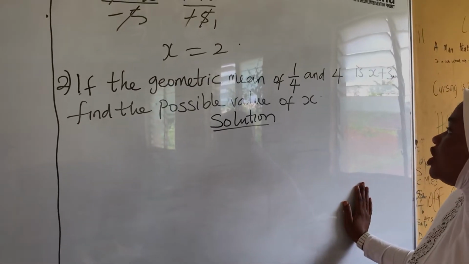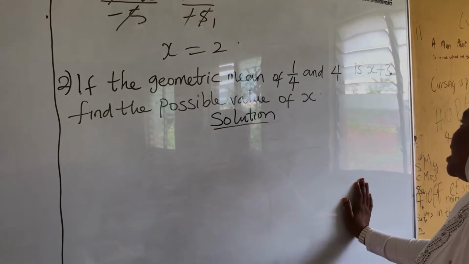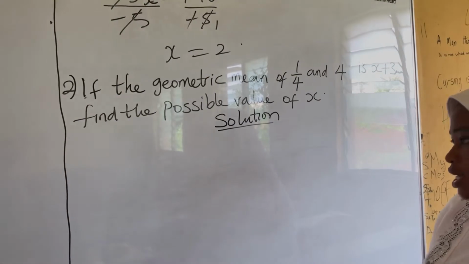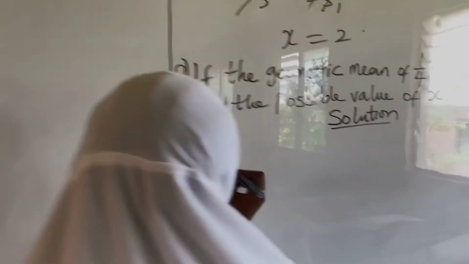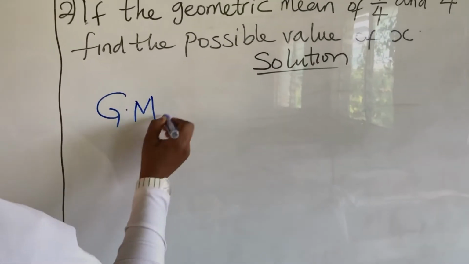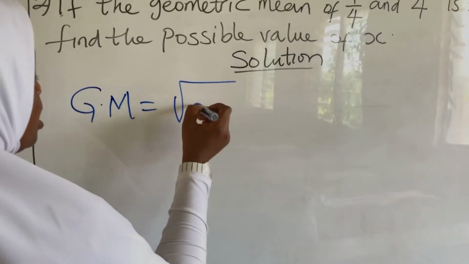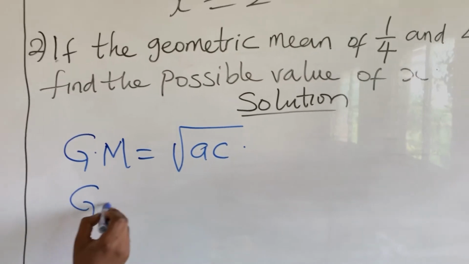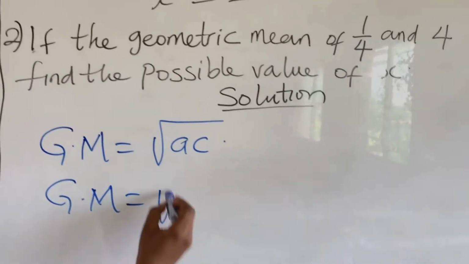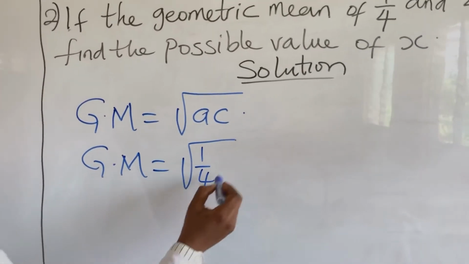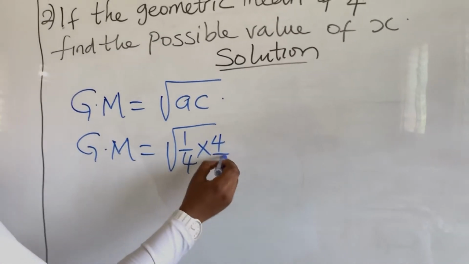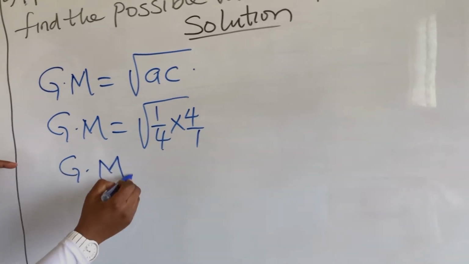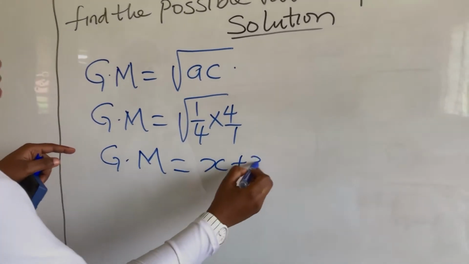If the geometric mean of 1 over 4 and 4 is x plus 3, find the possible value of x. The formula for geometric mean is the square root of AC. So here GM will be equal to the square root of 1 over 4 multiplied by 4 over 1. And we were given the GM from the question to be equal to x plus 3.